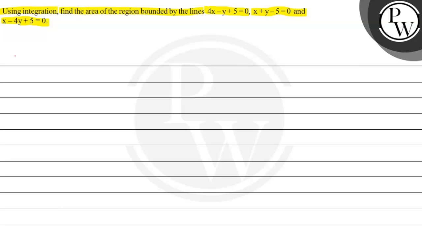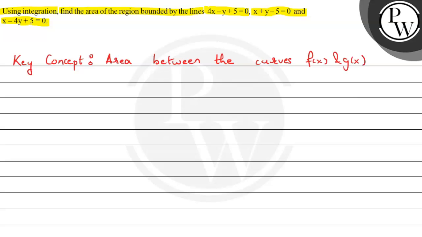Before starting the solution, let's note down the key concept for this problem. The key concept is area between the curves f(x) and g(x) such that f(x) is greater than or equal to g(x) for values of x in the interval a to b.